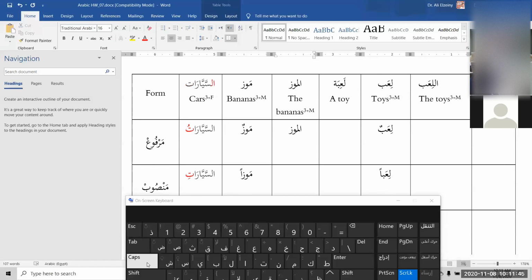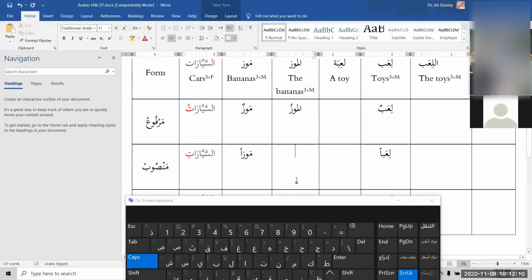And the meem is fatha. Yeah, it has already the fatha. So instead of mawzun, it becomes al-mawzu. Al-mawzu.